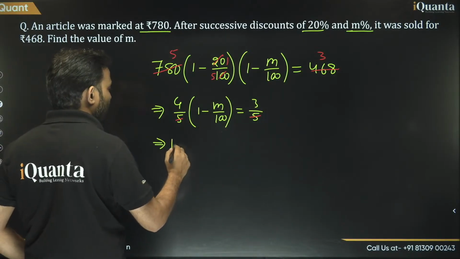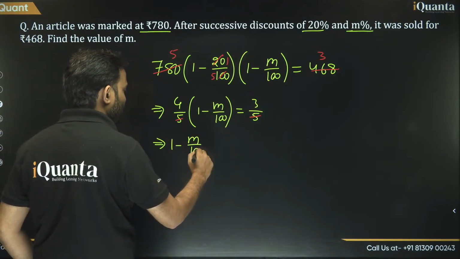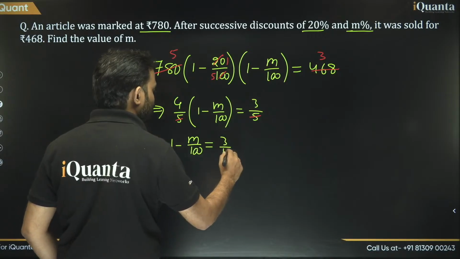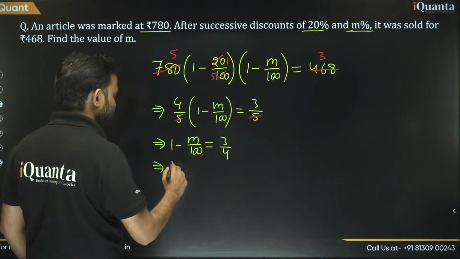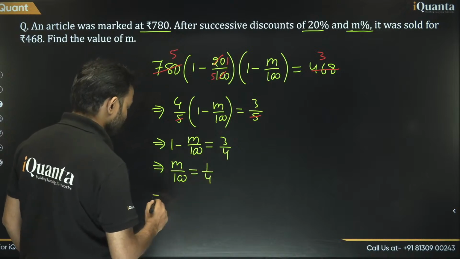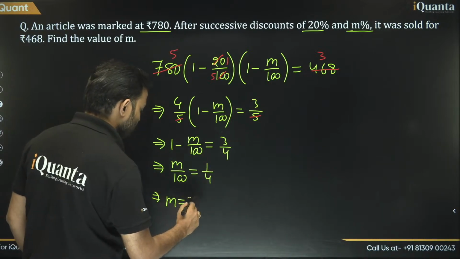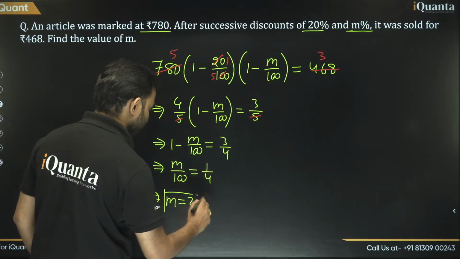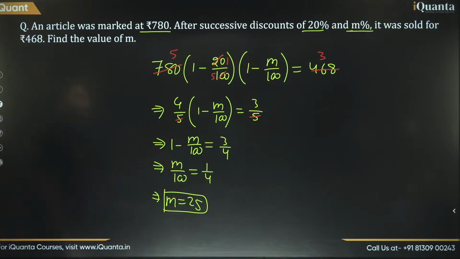We are getting 1 minus m upon 100 is equal to 3 by 4. Or we can say m upon 100 is equal to 1 by 4, or m is equal to 25. So the value of m is 25. That's your answer. Okay. All right.